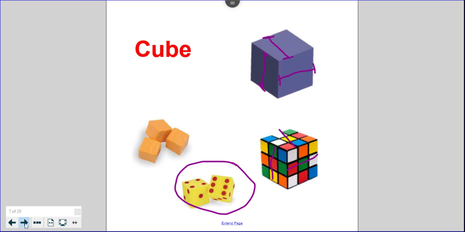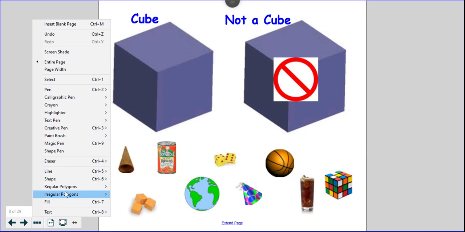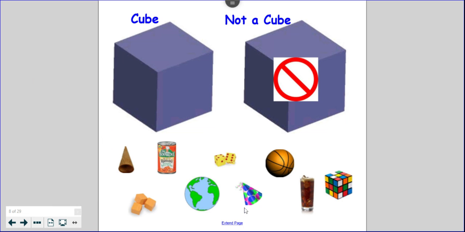All right, let's see if we can play the sorting game and find the things that are shaped like cubes and the things that are not shaped like cubes. Taking a look. I see a cup of soda. Is that the shape of a cube with all the sides looking like squares?